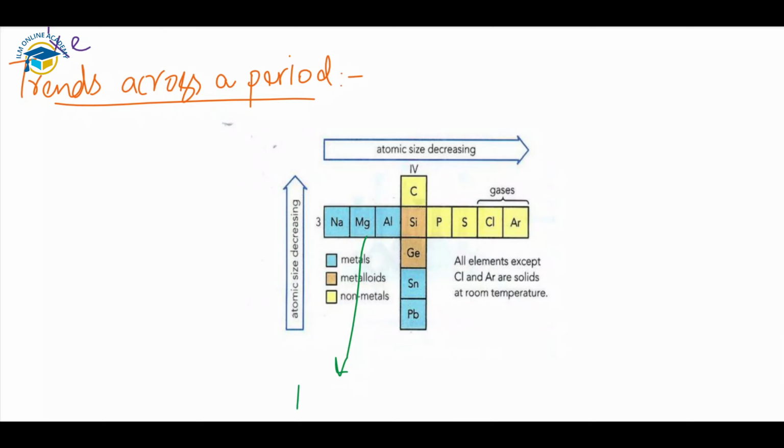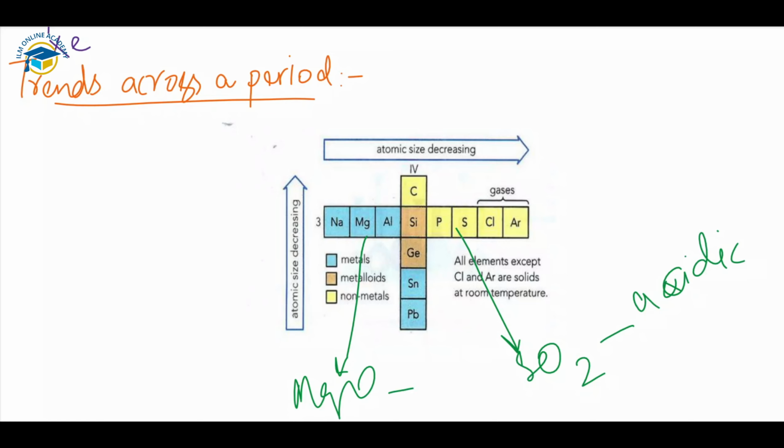Magnesium forms an oxide, MgO, that is basic in nature, while those of the non-metals, like sulfur dioxide, when sulfur forms the oxide SO2, are acidic. So which one is acidic? Sulfur dioxide is acidic, and magnesium forms the basic one. So you can see here there is a gradual change. Therefore, there is a change from basic oxide to acidic oxide as we move across a period.